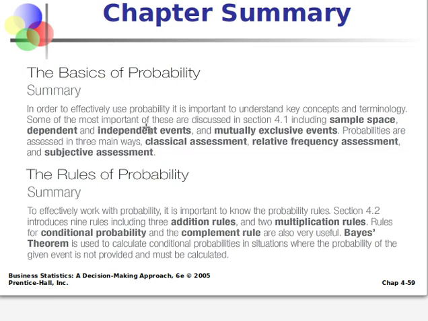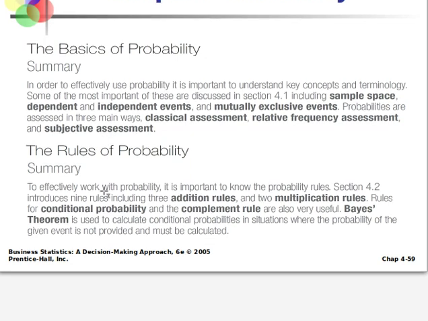Some of the most important of these are discussed in section 4.1, including sample space, dependent and independent events, and mutually exclusive events. Probabilities are assessed in three main ways: classical assessment, the relative frequency assessment, and subjective assessment. And the rules of probability.